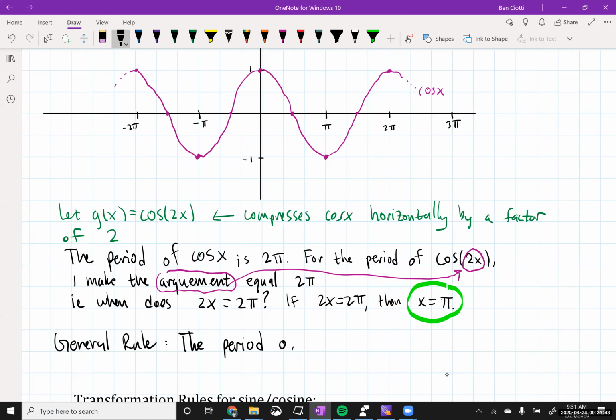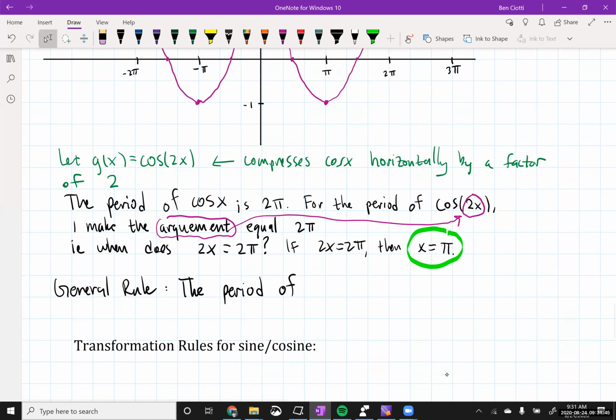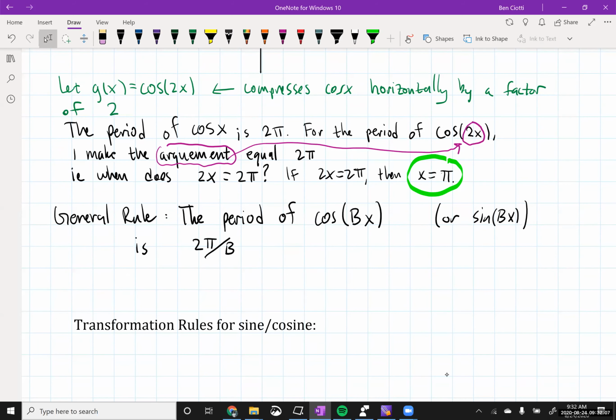The period of cos bx, or sine bx for that matter, the transformation rules are similar, is 2 pi over b.